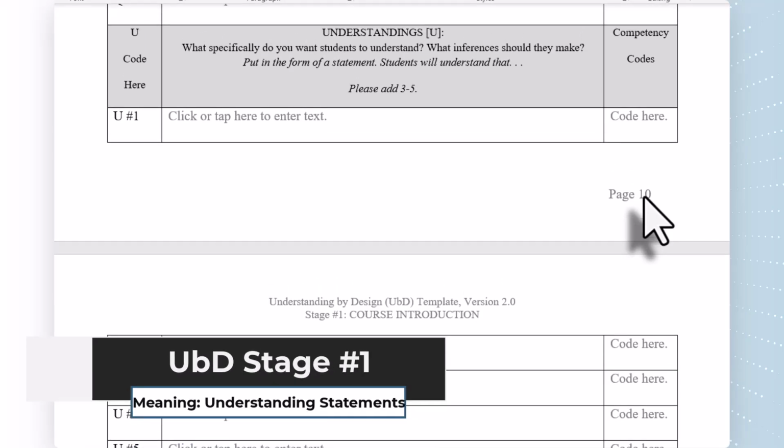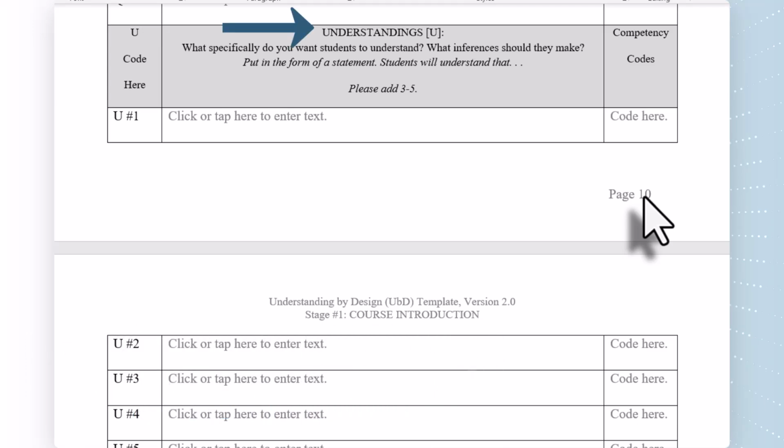The next part is meaning with understandings. Understanding statements make clear the level of understanding that students will need in order to answer the essential questions from above. Each understanding statement begins by saying, students will understand that.